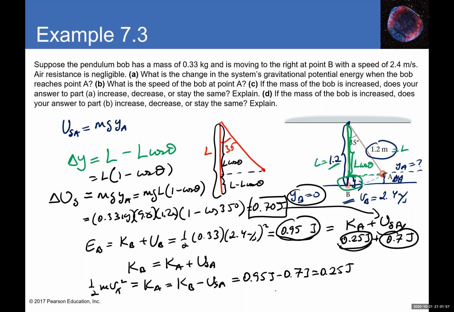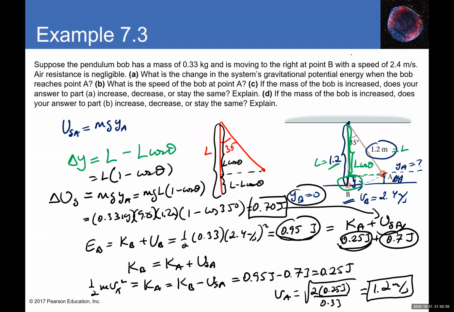So then I can rearrange and say speed at A is equal to the square root of 2 times 0.25 joules divided by the mass, 0.33. And I can then calculate my speed, which is 1.2 meters per second. All right, so I did this a little bit differently from the slides, so you guys can compare and see whatever works for you. I just wanted to give you, always, if I can, a little bit of different ways of looking at things.